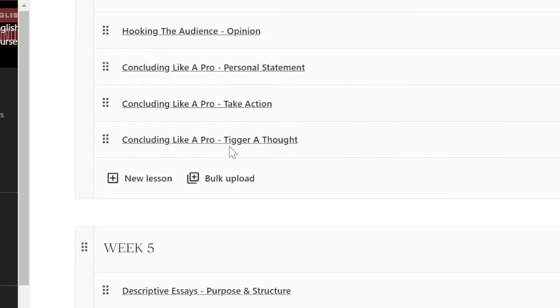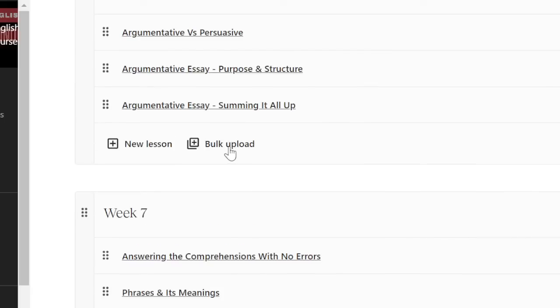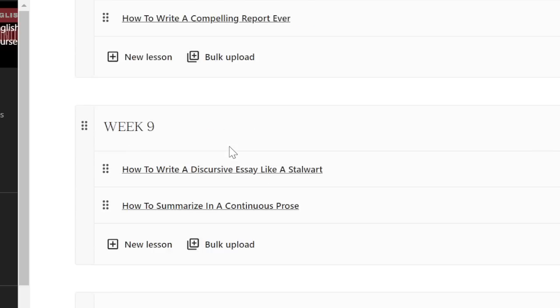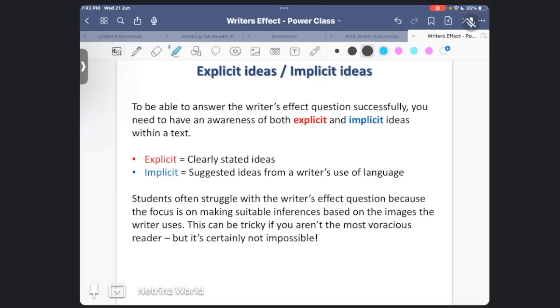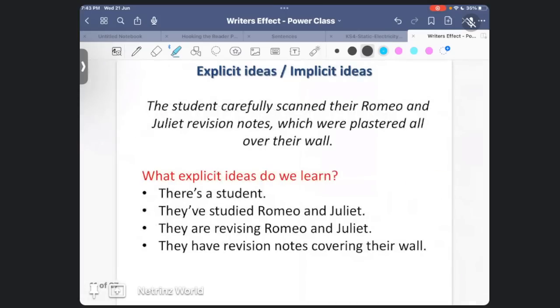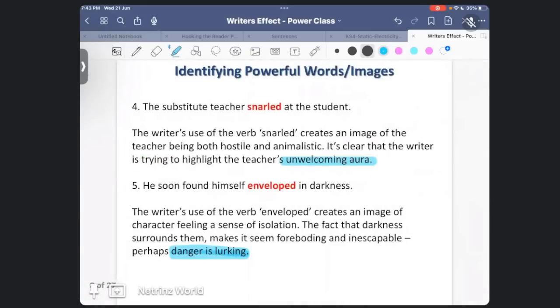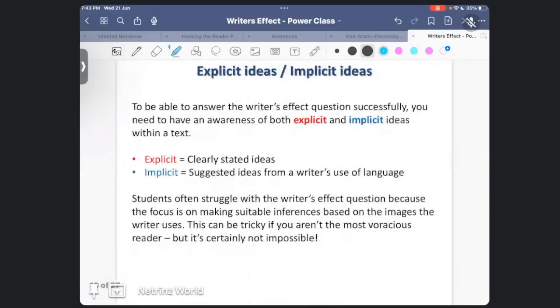This is a basic version, you should understand what is explicit and what implicit means. So what do you mean by explicit? Explicit means that it is direct. There is no hidden meaning to it.